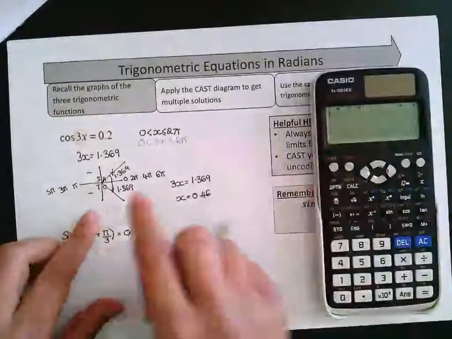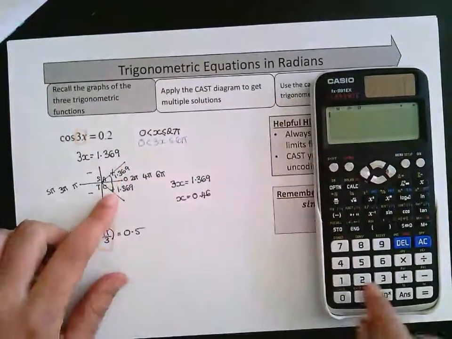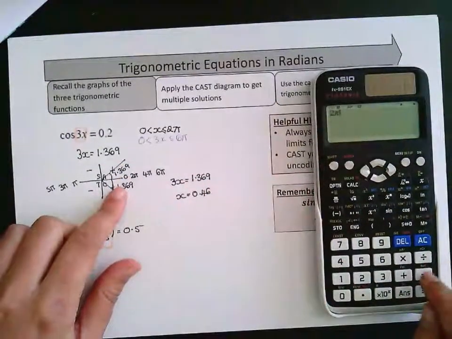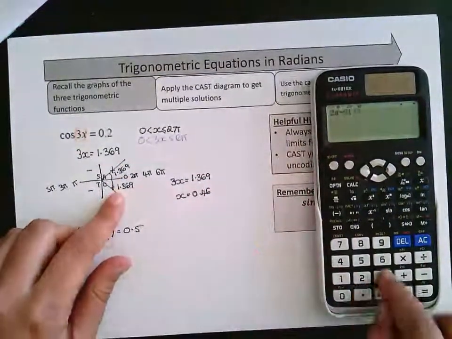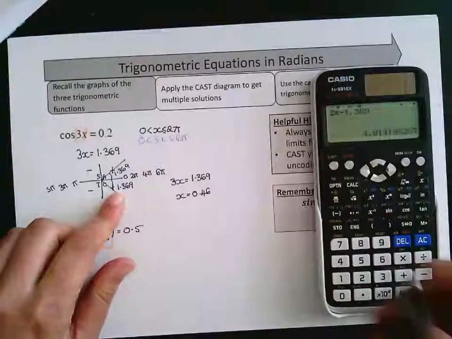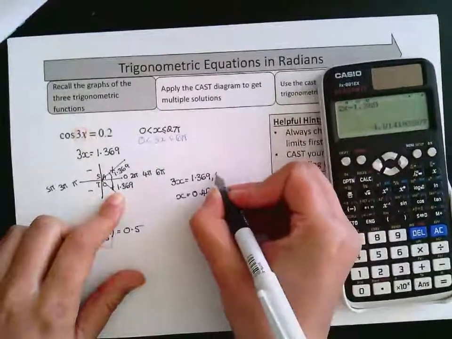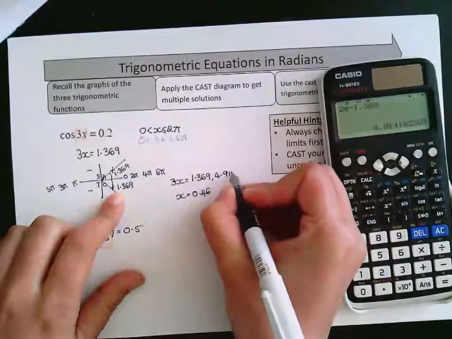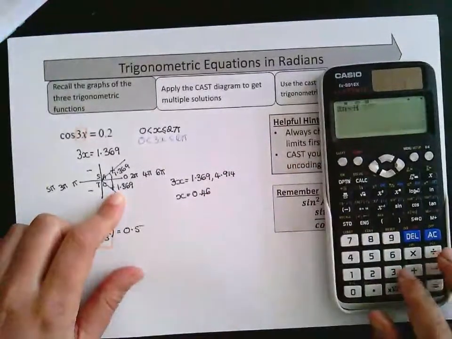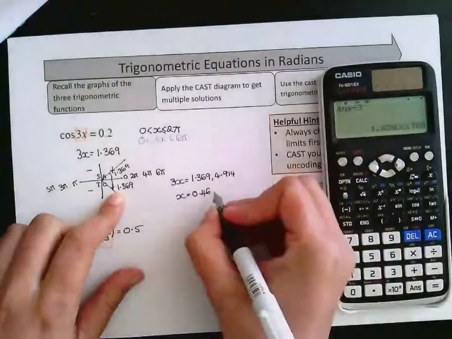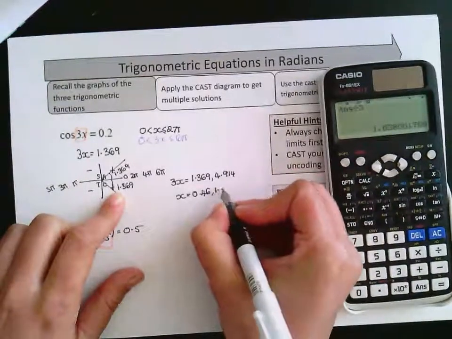Now, my next solution will be 2 pi minus 1.369, which will give me my second solution of 4.914. I will also be dividing this by 3 and giving my answer to 2 decimal places.